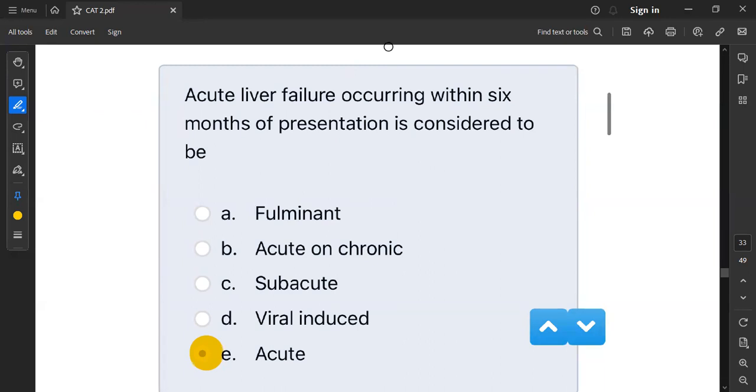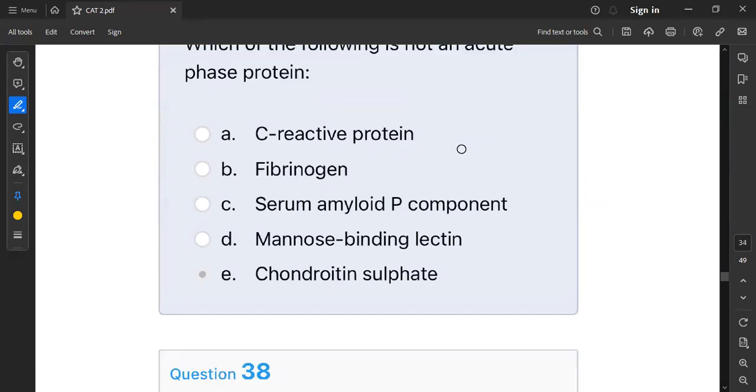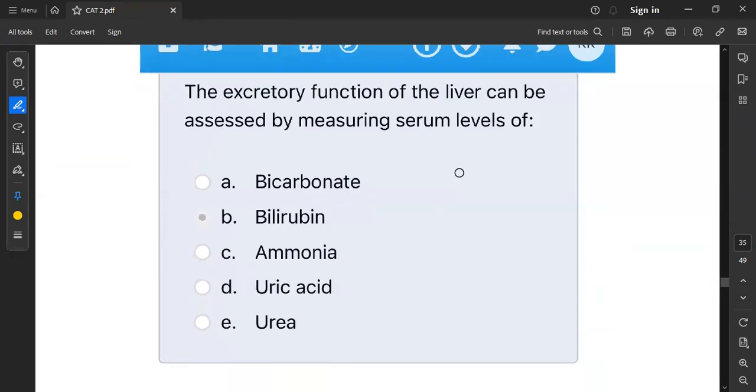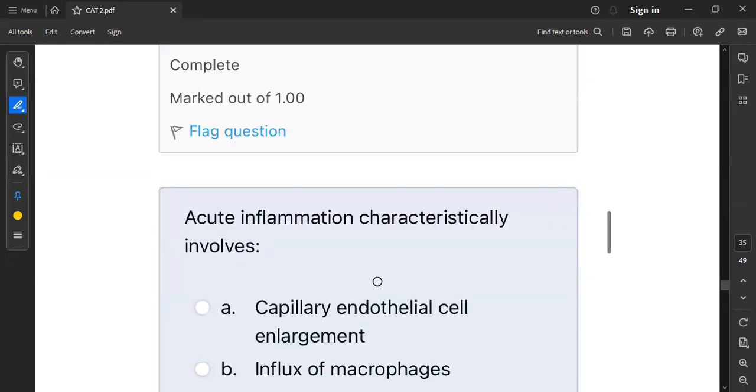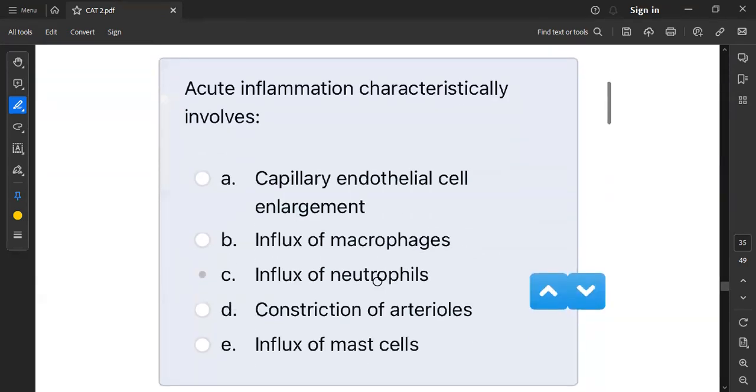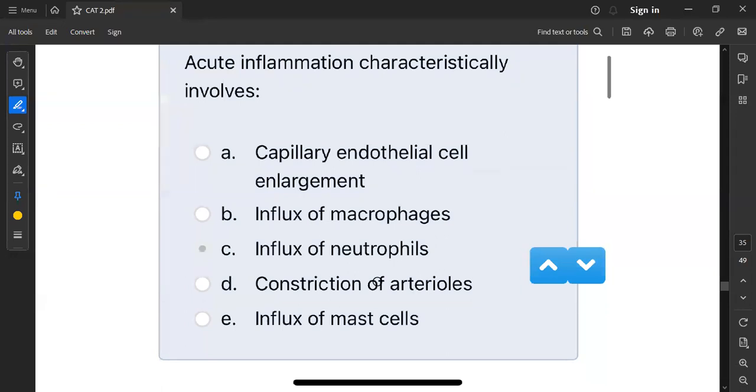Let's see the chart. Move to the next. In the chart, they're asking subfulminant. Oh yeah, so subacute, it has entered 2 weeks. Great. Move to the next. Fulminant less than 2 weeks.